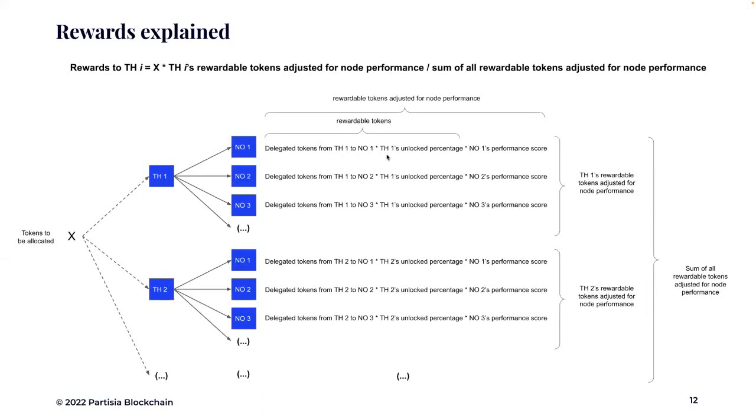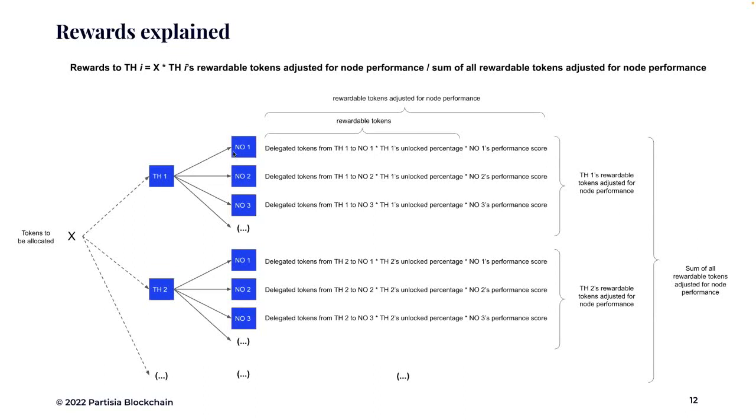The rewardable tokens was, as on the previous slide, the percentage of unlocked tokens times the tokens that are delegated to this node operator. And then you adjust this for the node performance. I'll get back to how we are working with node performance, but we adjust every one of these nodes' delegated tokens for the node performance.